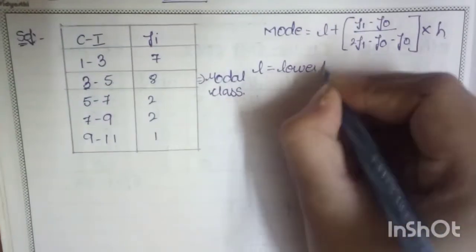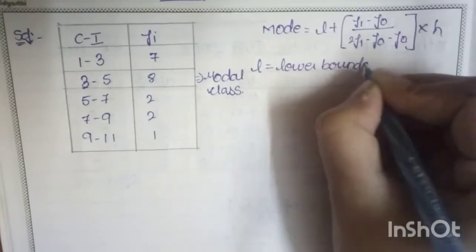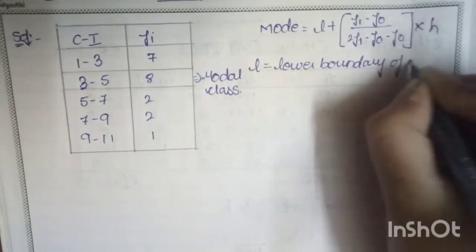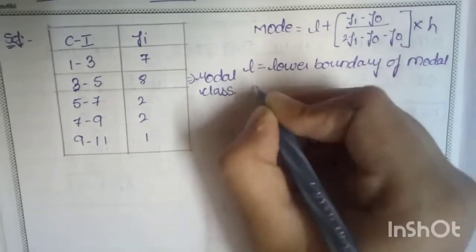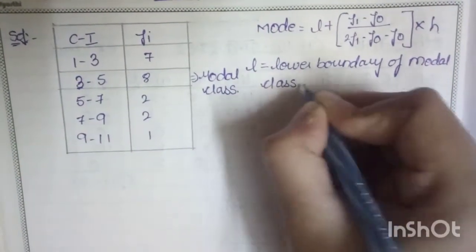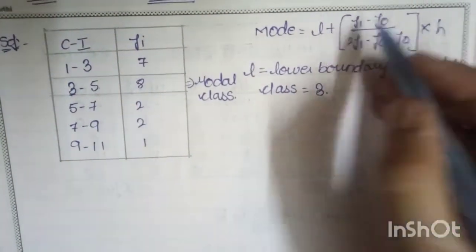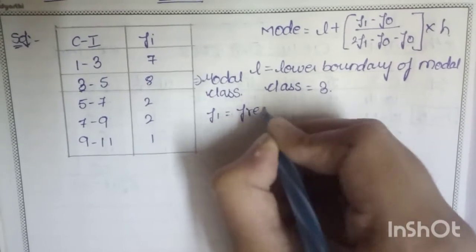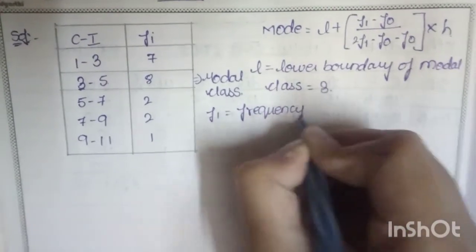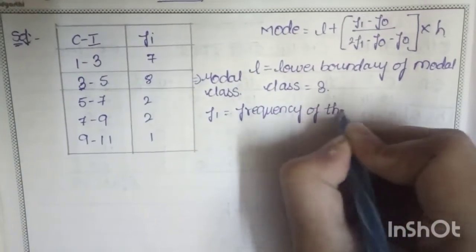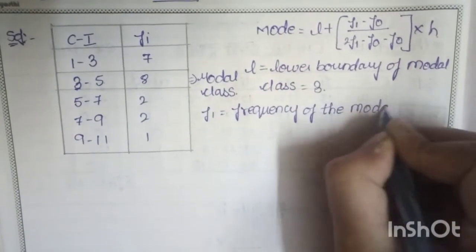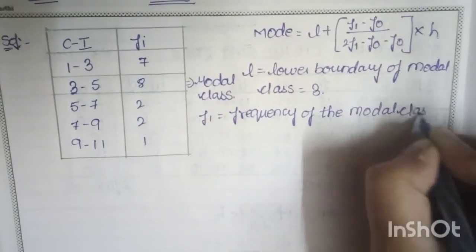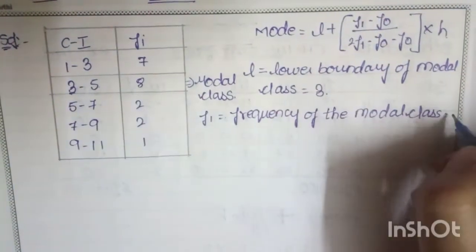So the lower boundary of the modal class is 3. Next, f1 is the frequency of the modal class, which will be equal to 8.